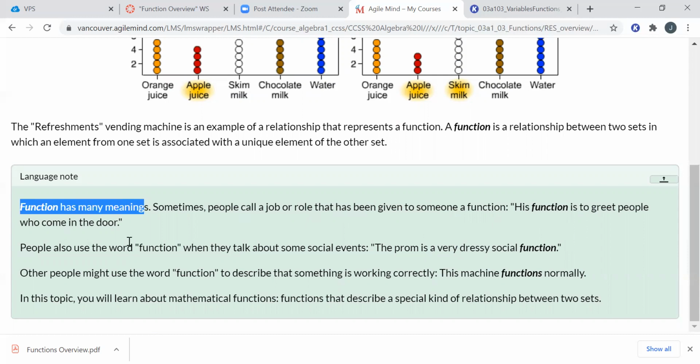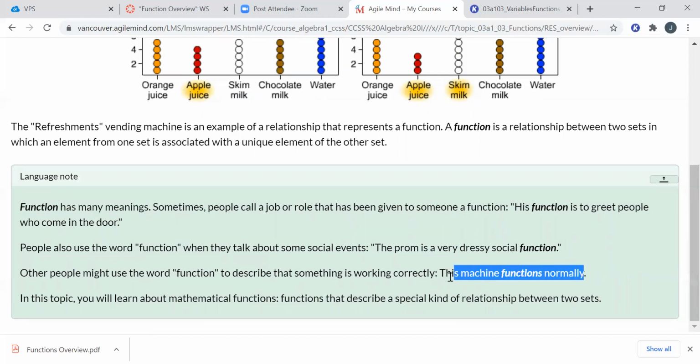Some people use the word function when they talk about social events. So I'm going to a social function. Other people might use the word function to describe something that is working correctly. This machine functions normally. Actually, this is really close to the way that math uses it. Not quite the same. In this topic, you learn about mathematical functions.